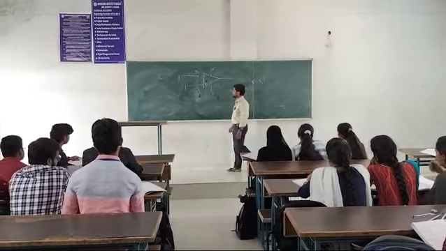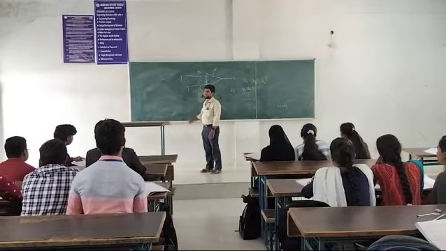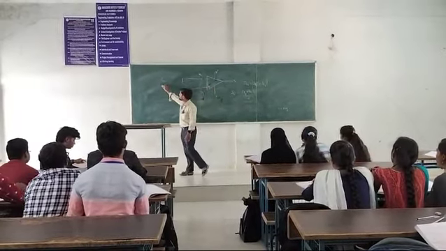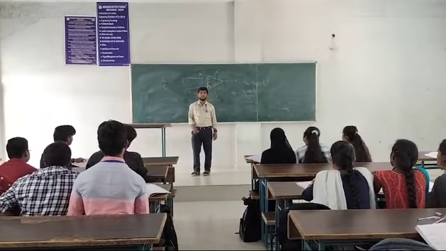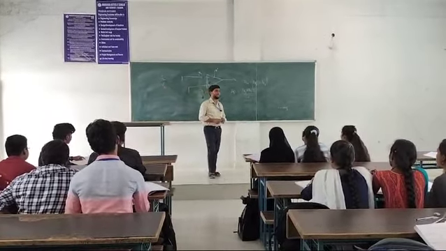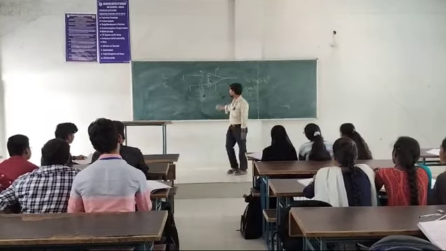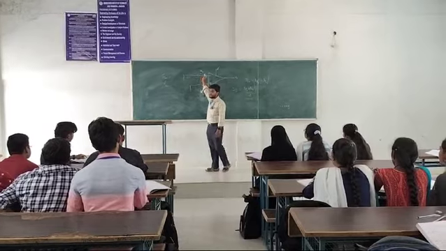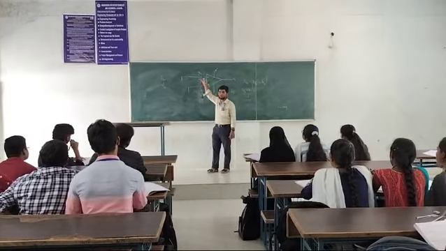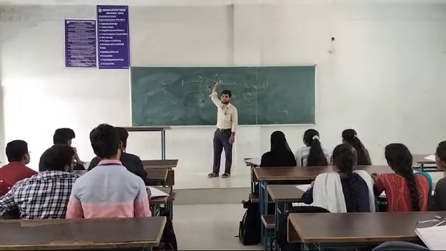And similarly, we have input offset voltage as well. Input offset voltage is denoted with VIO. It is the amount of voltage that we need to apply to make the output offset voltage 0. We can apply it to any one of these two input terminals based on the output offset voltage.